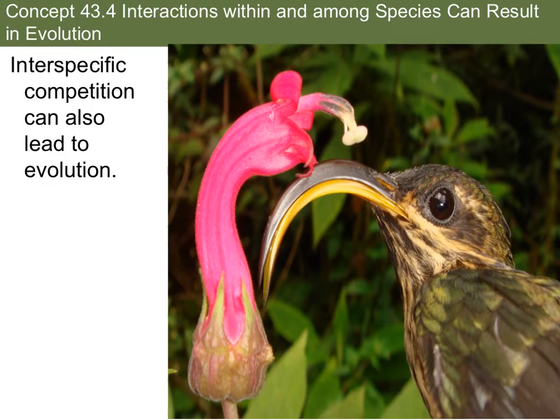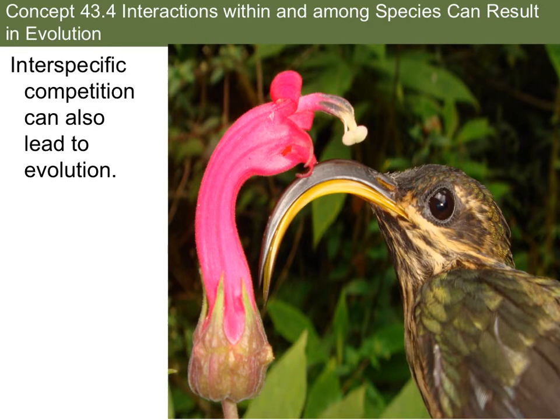In interspecific competition, even though it sounds like this might be a bad thing, over time, this interspecific competition can lead to the evolution of very specific interactions. So for example, this bird, you can tell by the shape of its beak, has evolved to get nectar only from this plant.